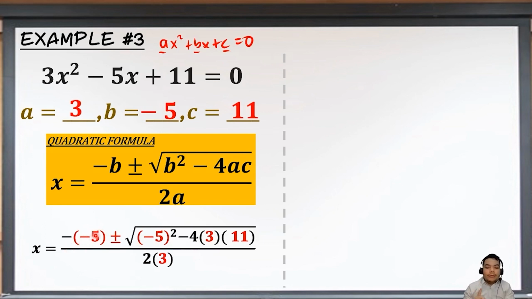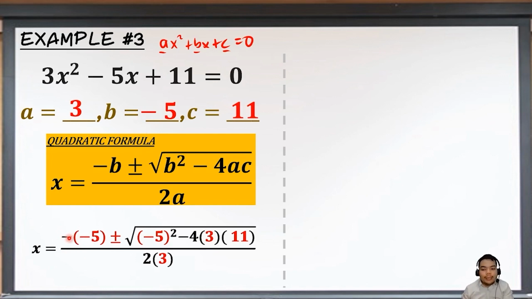So, wag mong kakalimutan na kung may negative sa formula, isulat mo na agad yung negative. Kasi pwede magkaroon ng ganyan. Negative of negative 5. So, mamaya malalaman natin kung paano siya i-simplify. Pero wag mong gagawin na negative 5 agad yan. Mali yun. So, kailangan kapag negative yung b mo, susulat mo yung dalawang negative sign sa labas.